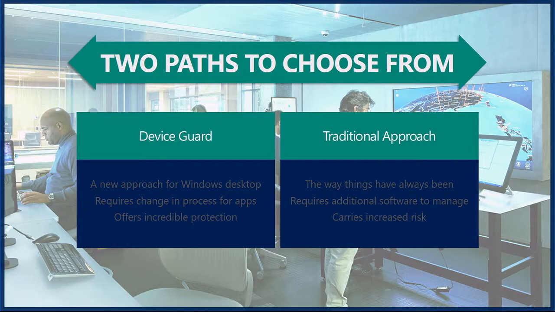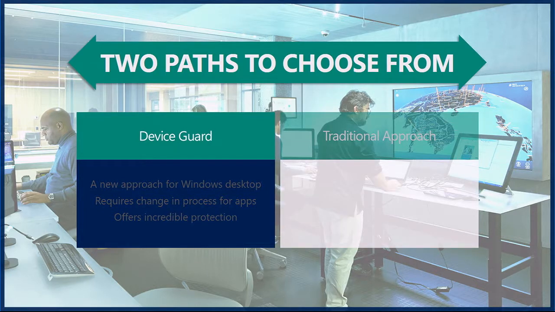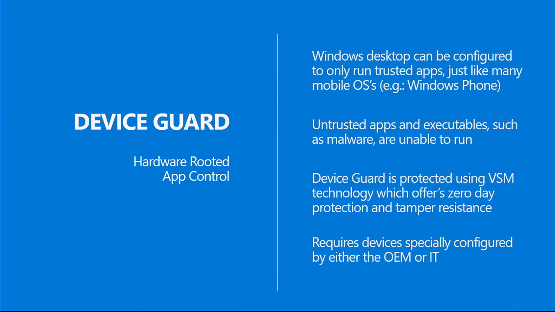This is kind of similar to Credential Guard in that it actually builds on top of the virtualization-based security, the virtual secure mode, or the Hyper-V container type technology that I talked about before. But it's really a key new Windows 10 feature that better protects against malware and zero-day attacks by basically blocking against anything other than trusted apps.